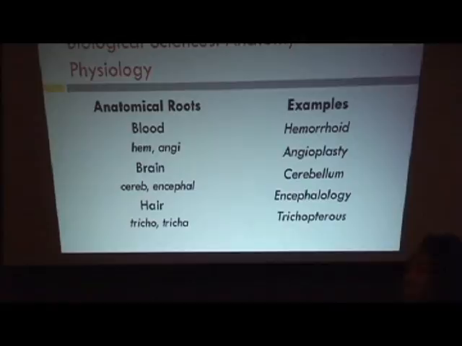If I have hair, tricho, which here we have trichopterus. But what's most important is looking at first the anatomical root meaning. Blood, brain, hair, cartilage, finger, whatever part of the body you're referring to.